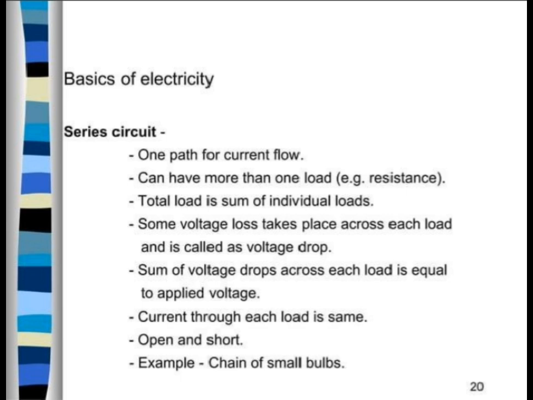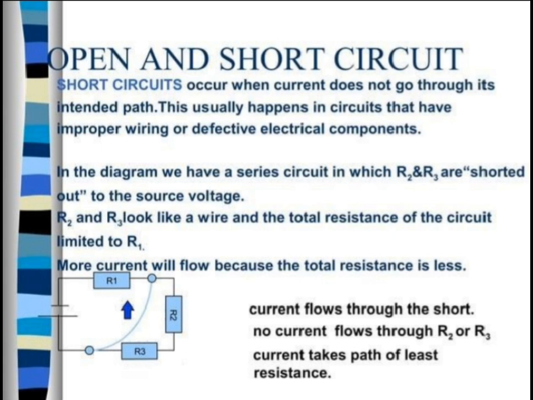Some voltage loss takes place across each load and is called voltage drop. The sum of voltage drops across each load is equal to the applied voltage. The current through each load is the same. Example: a chain of small bulbs. Now, open and short circuit.